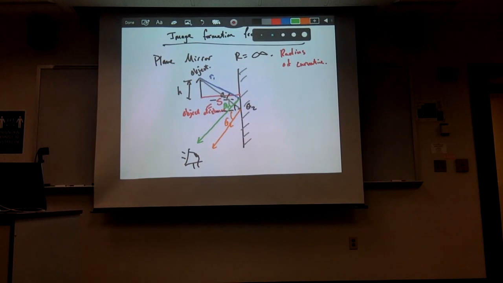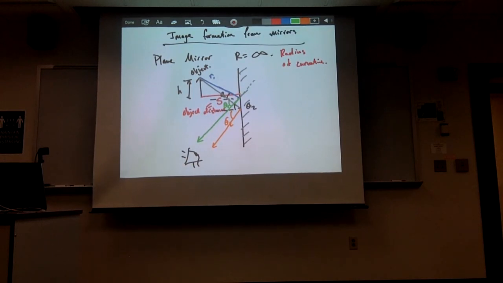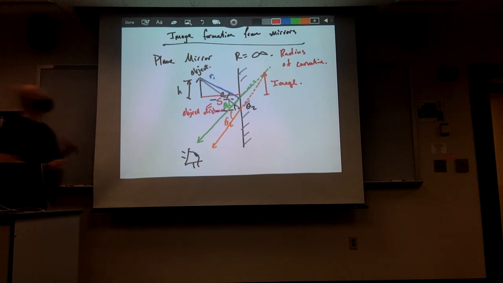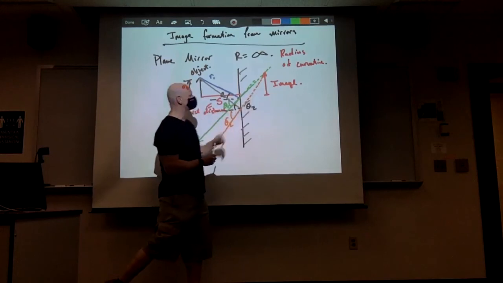Where these lines intercept each other is the location of the image. So in the mirror itself, the image is formed at this particular location.